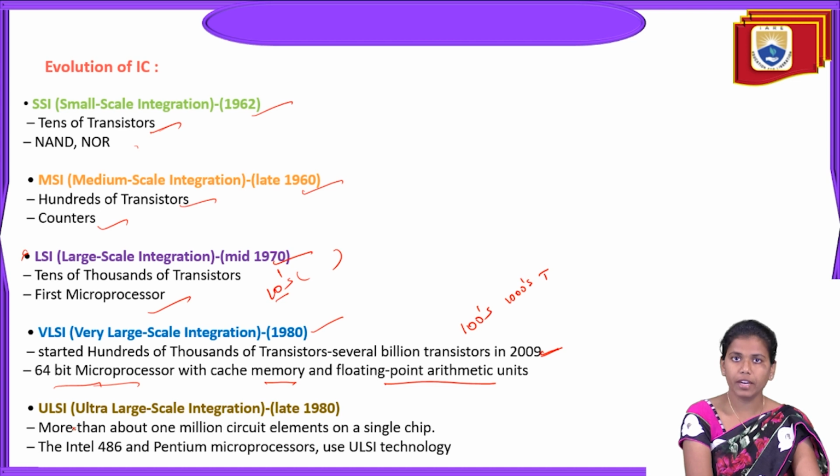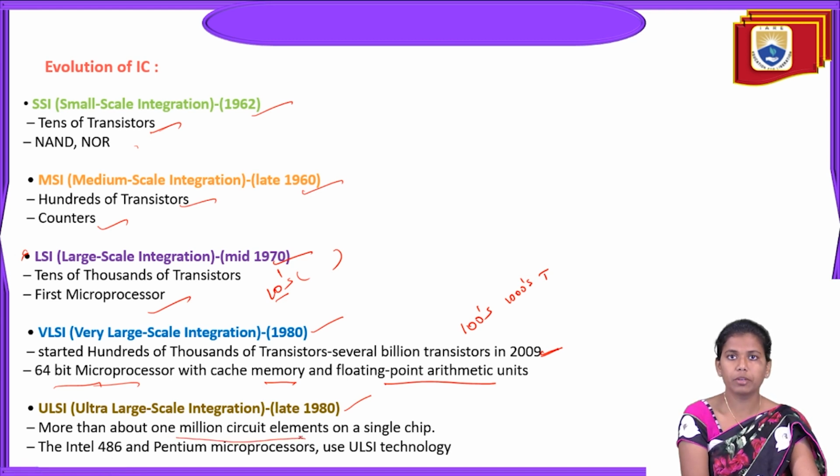And then finally, ultra large scale integration. In the late 1980s, ultra large scale integration came into existence, where these integrated circuits consist of more than about 1 million circuit elements on a single chip.